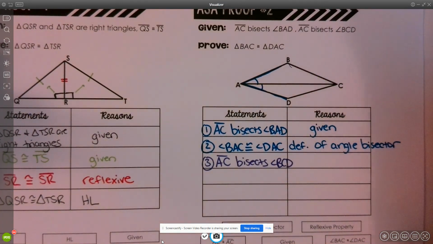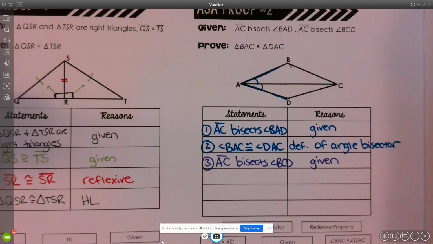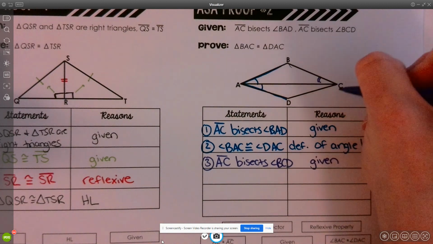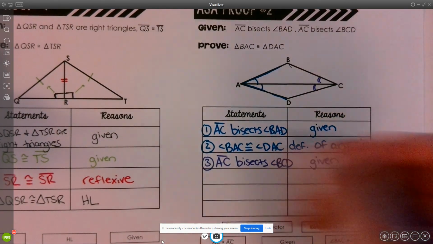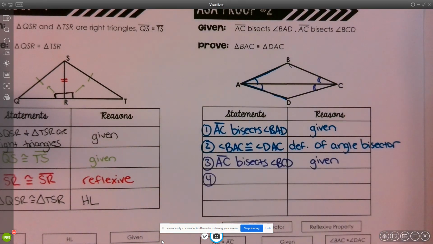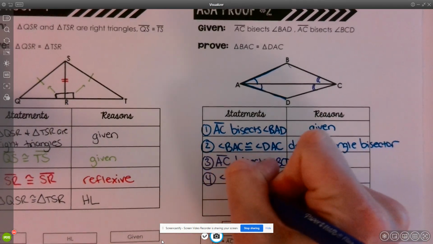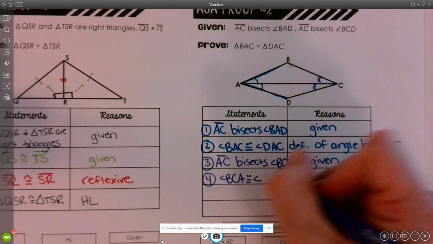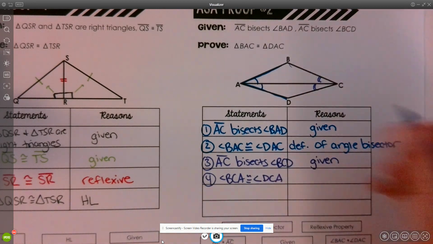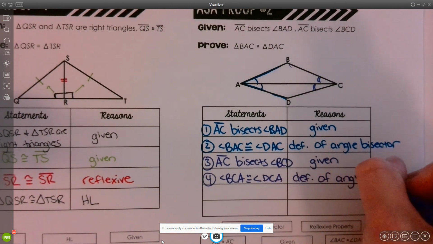It cuts it in half into two equal pieces. So again, this angle must be congruent to that angle. So let's name those. Angle BCA must be congruent to angle DCA by the definition of angle bisector.